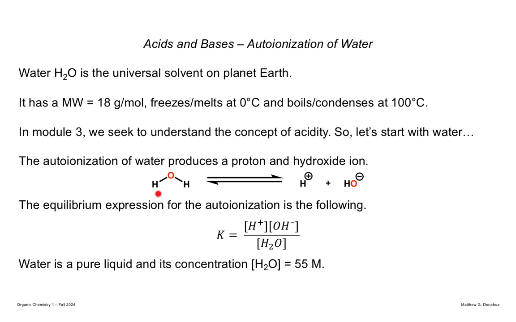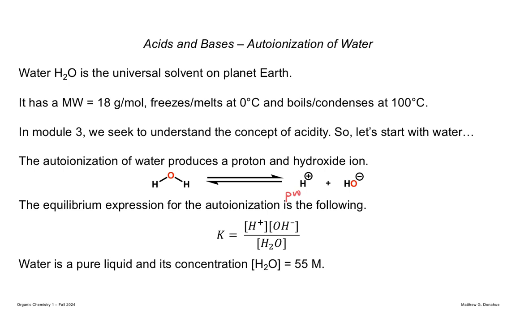So water will undergo what's called autoionization. This just happens, like at any temperature. And that's basically where you see you have a neutral molecule, and then it's forming these ions.